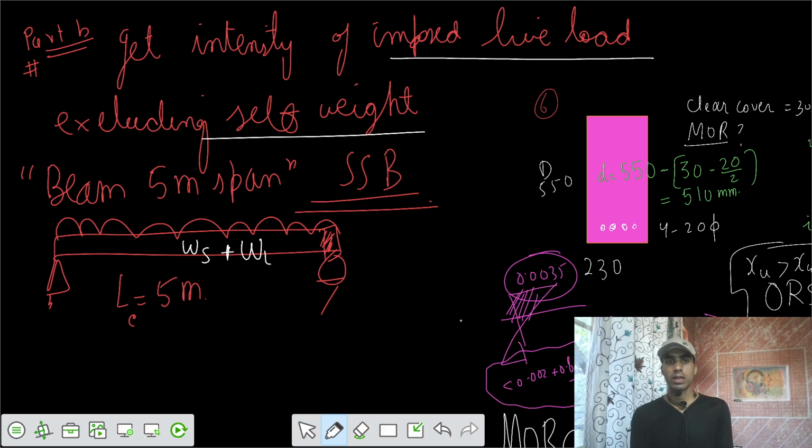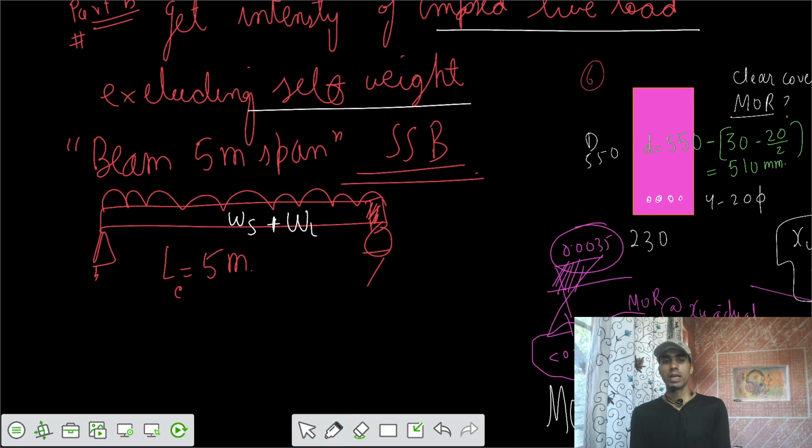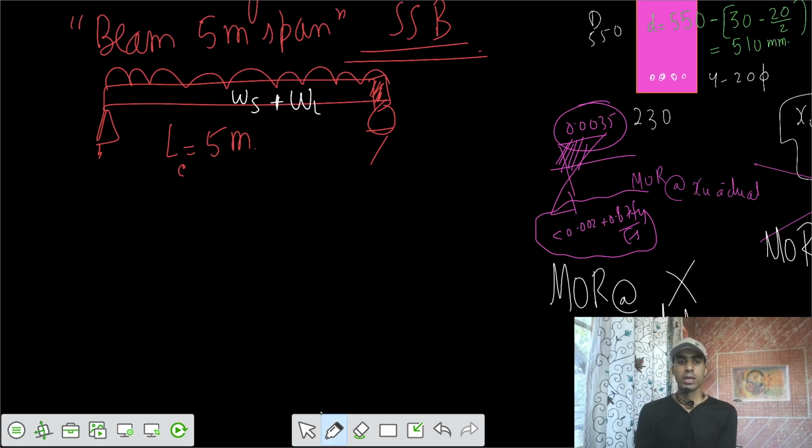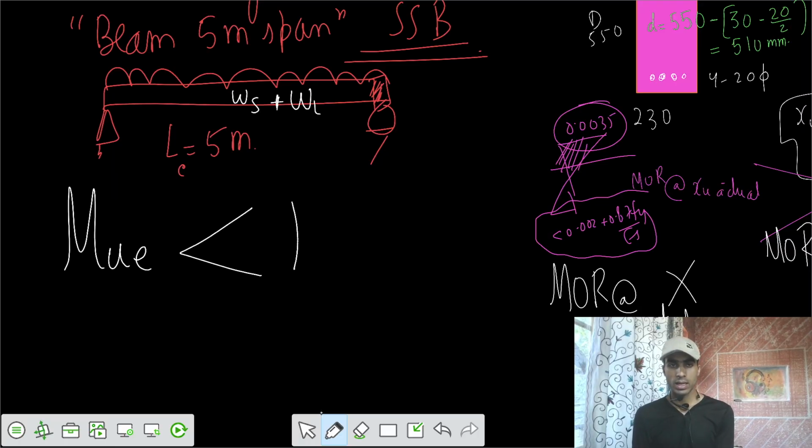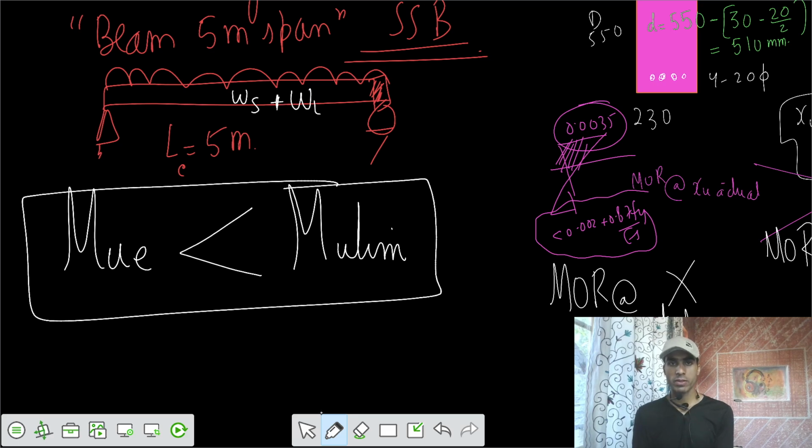We have to exclude the self weight from that. So equating, your external moments because of the loads should be lesser than the limiting moment of resistance. I would solve by that approach.